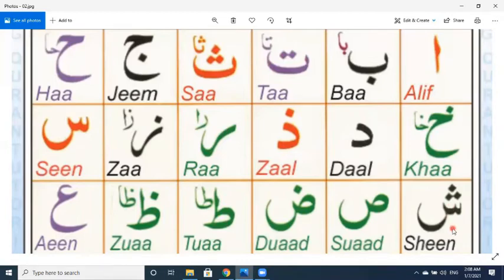Now let me give you a hint: do not be confused by these three dots on top of Sheen and on Tha, because Tha has a shape like Ba and Ta, and Sheen has a different shape.